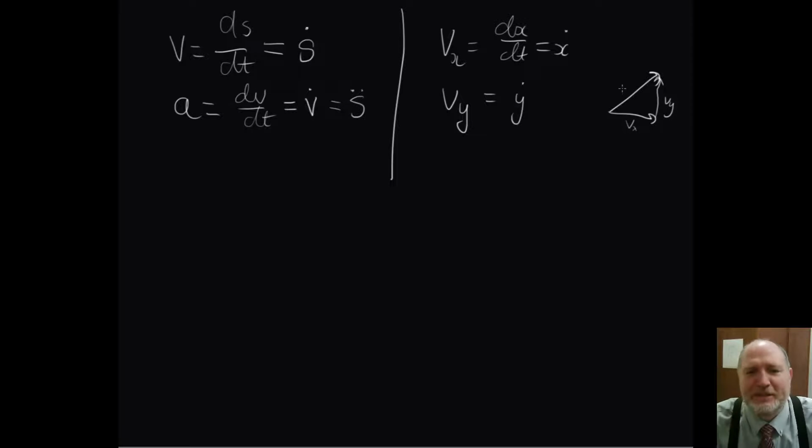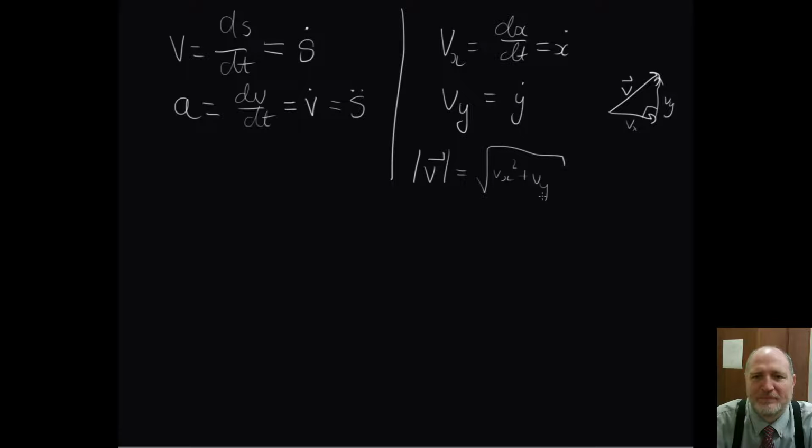This should be a right angle, and just from Pythagoras, the magnitude of this vector is the square root of Vx squared plus Vy squared. In other words, V is equal to the square root of x dot squared plus y dot squared.